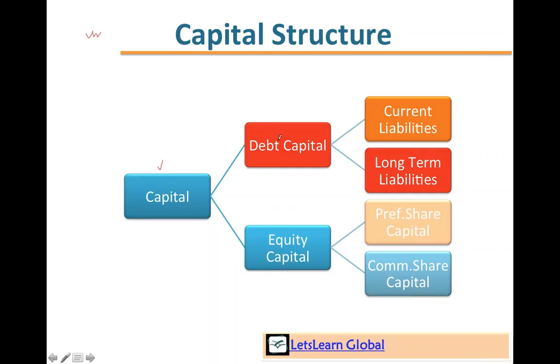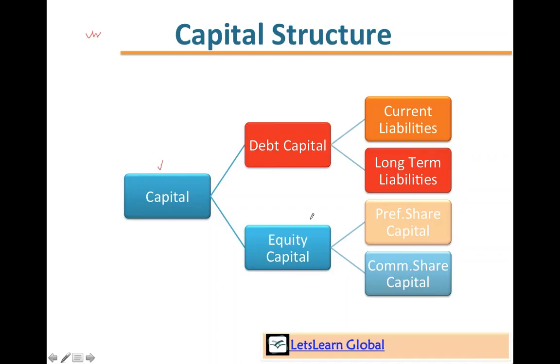It is not possible to purchase entire assets with debt capital, because without having our own money, we cannot borrow money from outside. They don't believe us. If you don't invest in your company, how do you ask us to invest in your company?